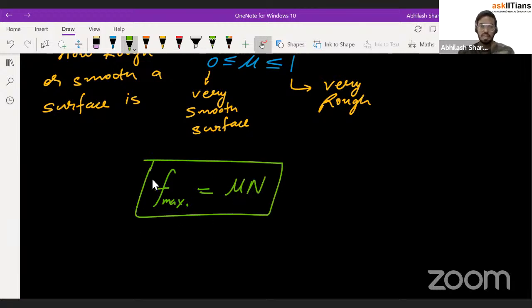So see guys, I could have started this concept by giving you the formula first, right? I could have said that, okay, this is the maximum friction and this is the formula. But I didn't do that because I wanted you to arrive at it. If we just see things happening around us, we can arrive at most of the concepts of physics, because that's how the original scientists actually arrived.